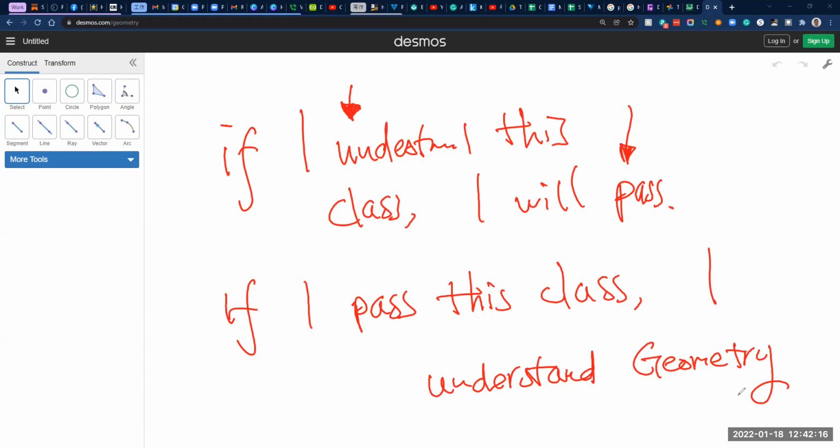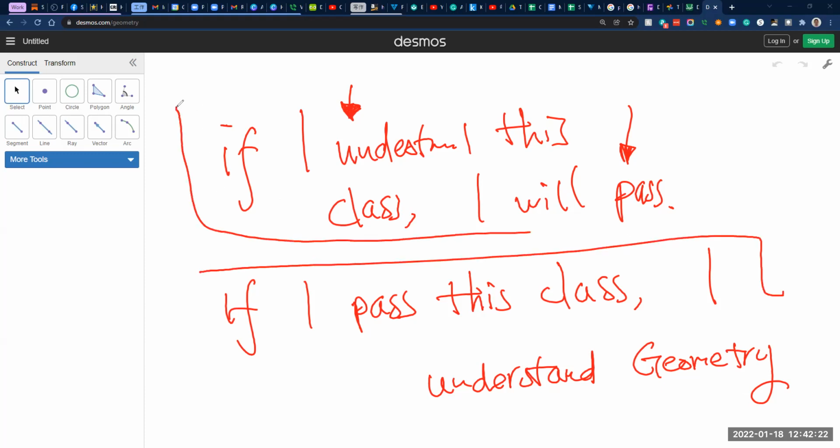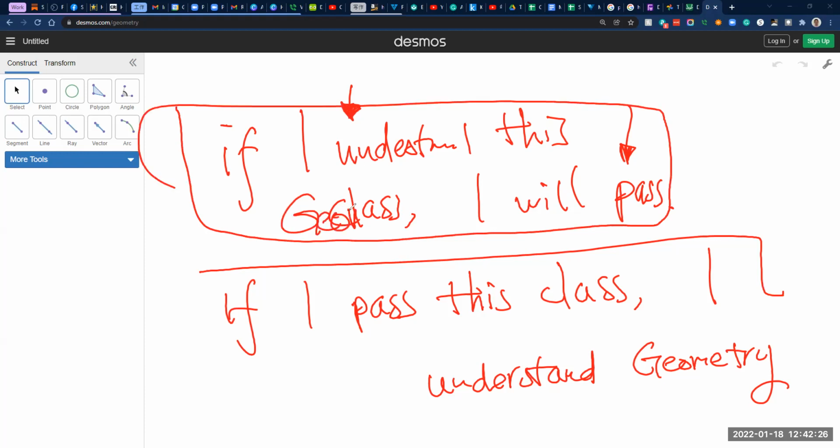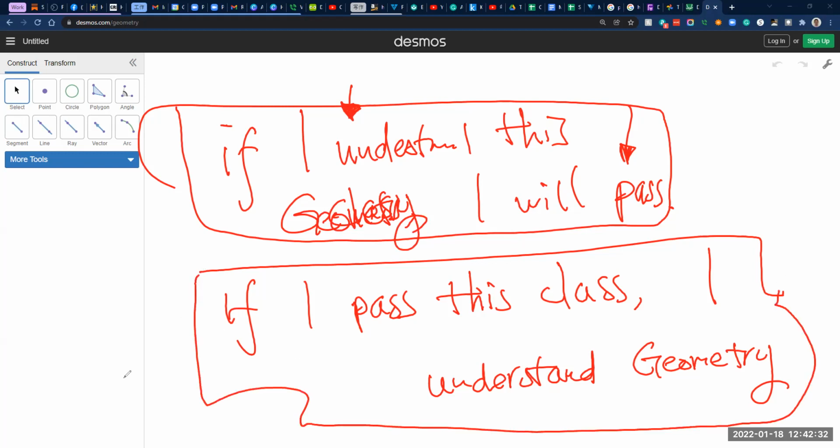Now, let's assume this is true: if I understand geometry, I'll pass this class. The converse is, if I pass this class, I understand geometry. Now, is the converse true?